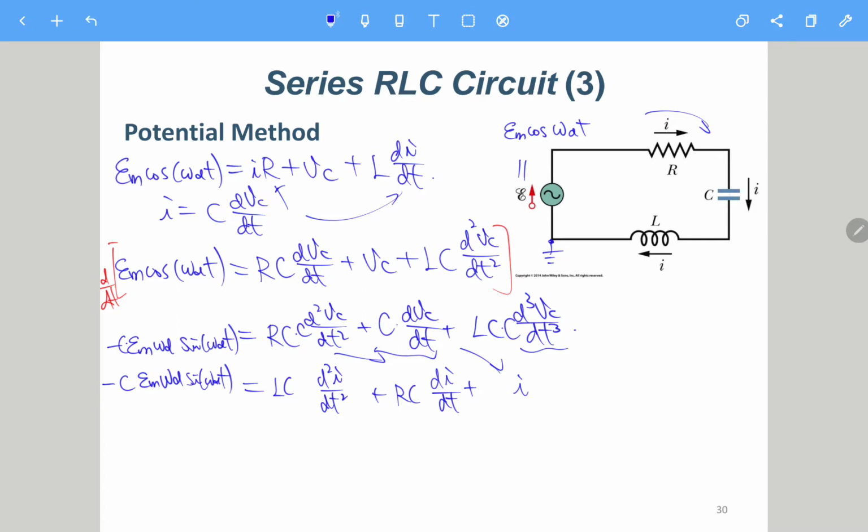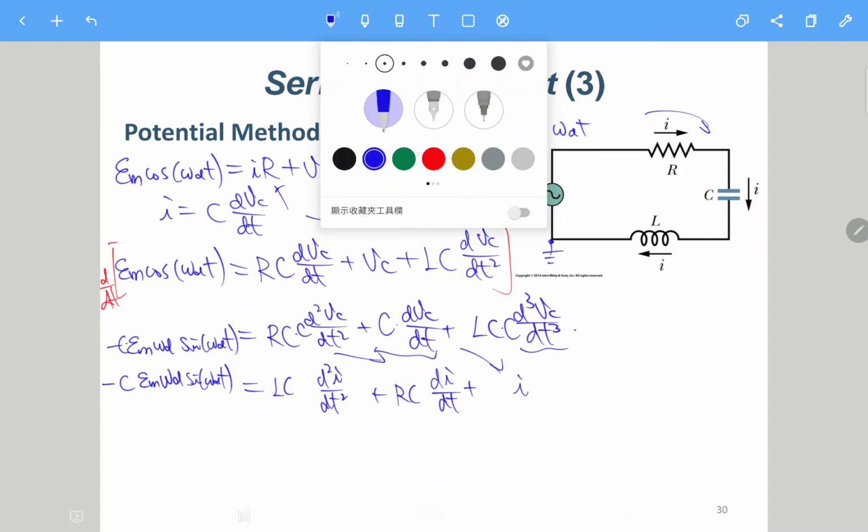And then we can just divide LC on both sides.